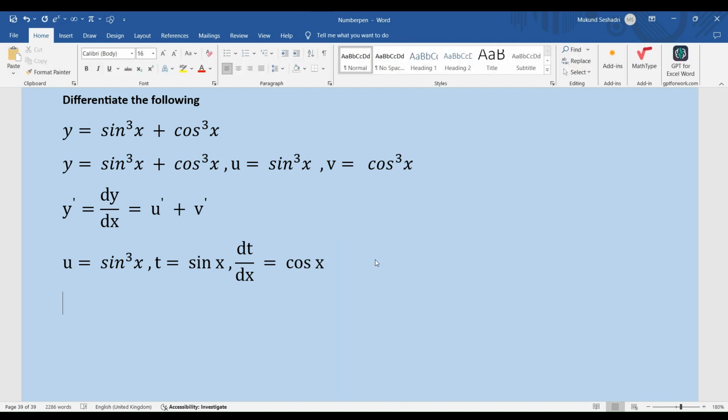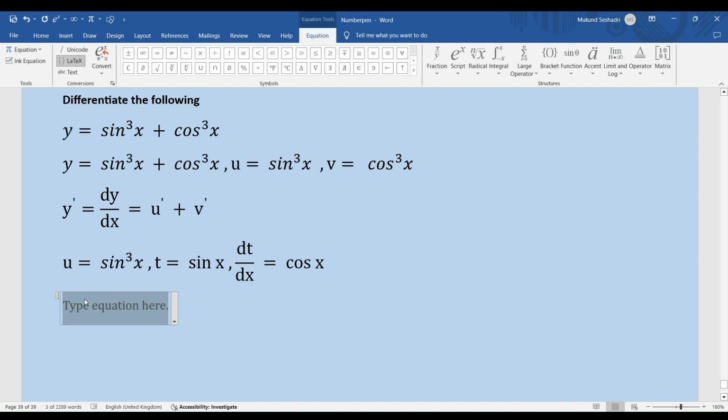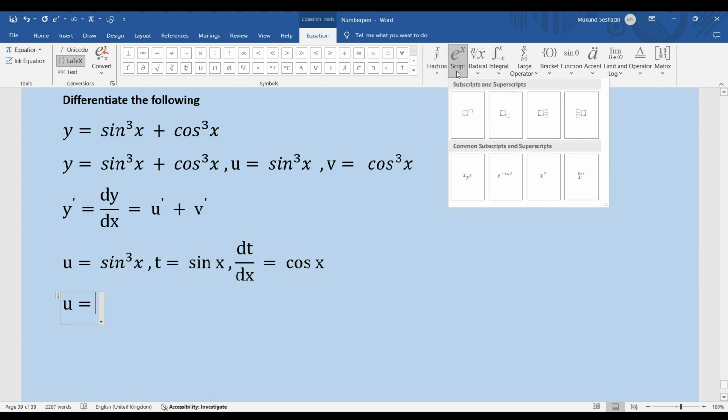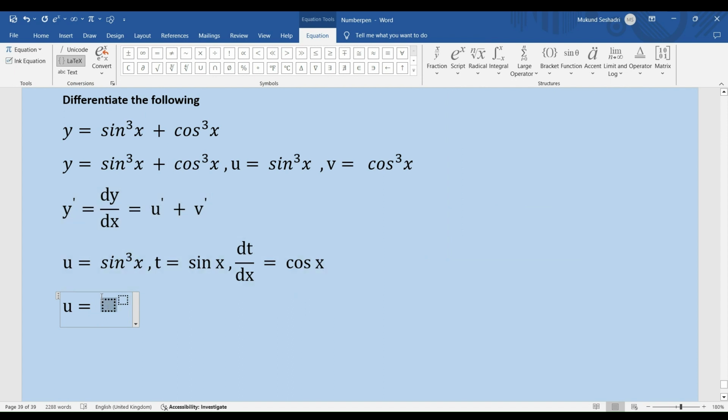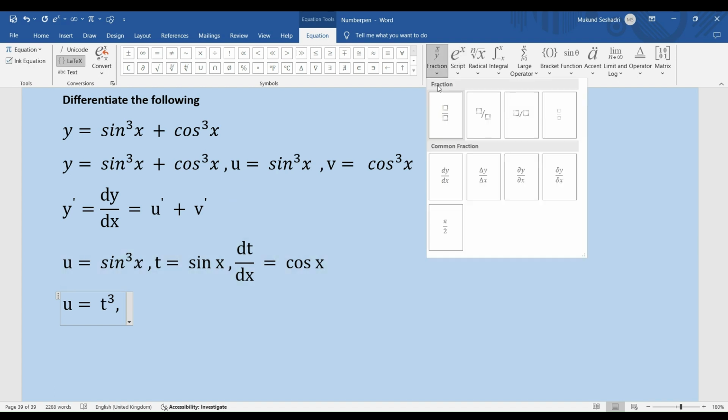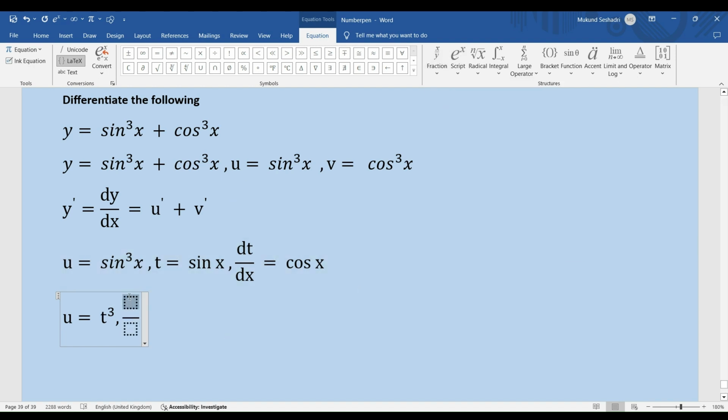And when I have my u equals sine cube of x, I'm going to represent my u in terms of t, right? And what is that? It is nothing but t cube, right? And why is that? Because my substitution in the earlier step is sin x equals t, right? Now I'm going to differentiate this on either side, but I'm going to differentiate it with respect to t, right?